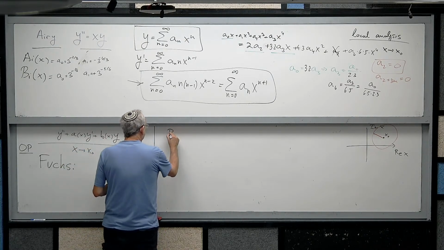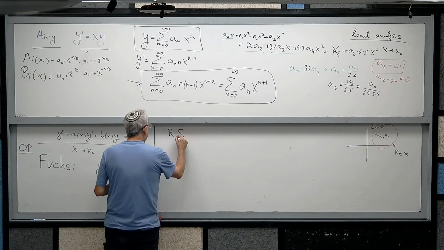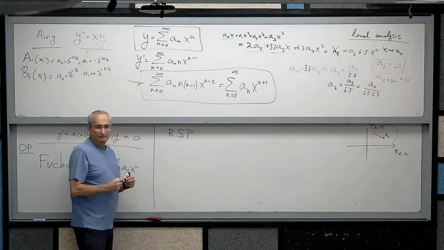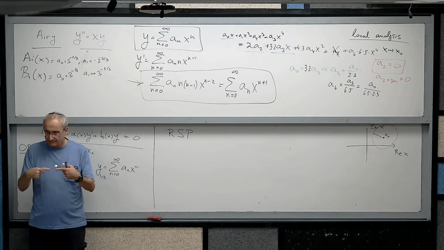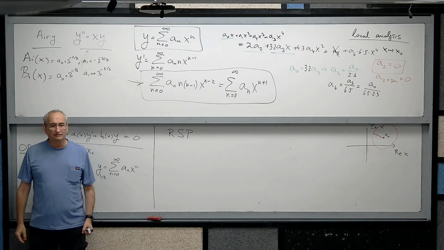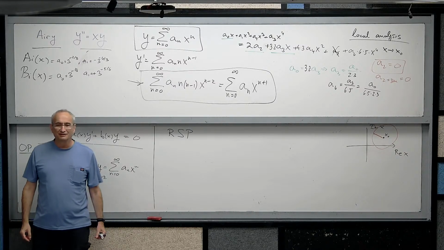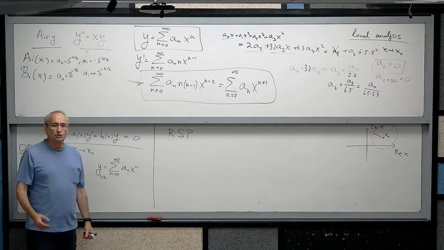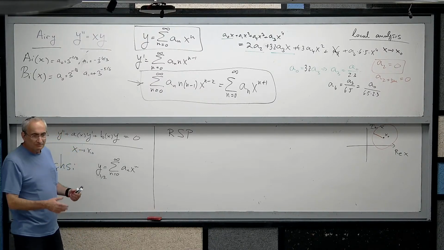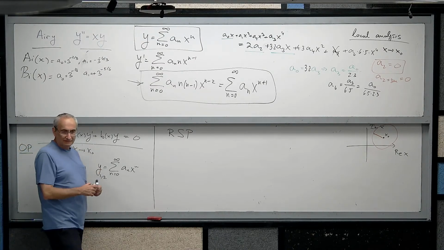Type number 2 is regular singular point. The name sounds self-contradictory, and it is indeed not a nice name, not a good choice, but this is the name, regular singular point.